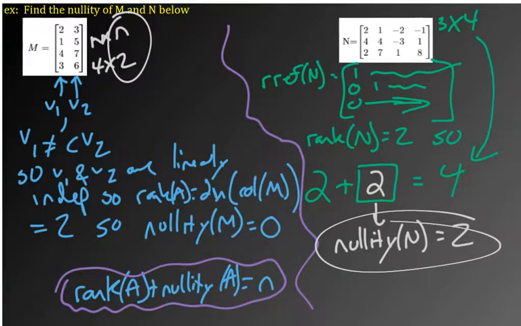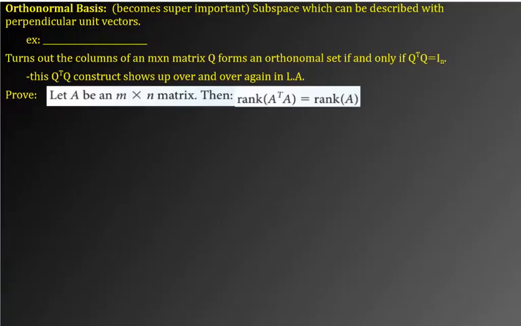Now time for some real math. There's something I mentioned briefly called an orthonormal basis. Ortho is perpendicular, short for orthogonal, and normal is unit, length 1.